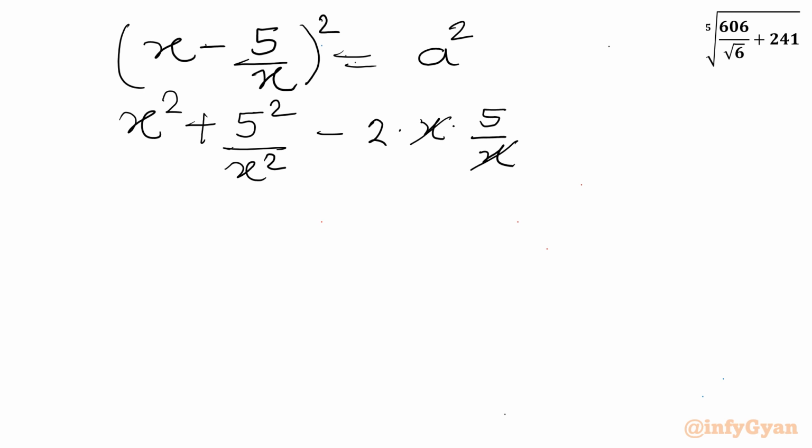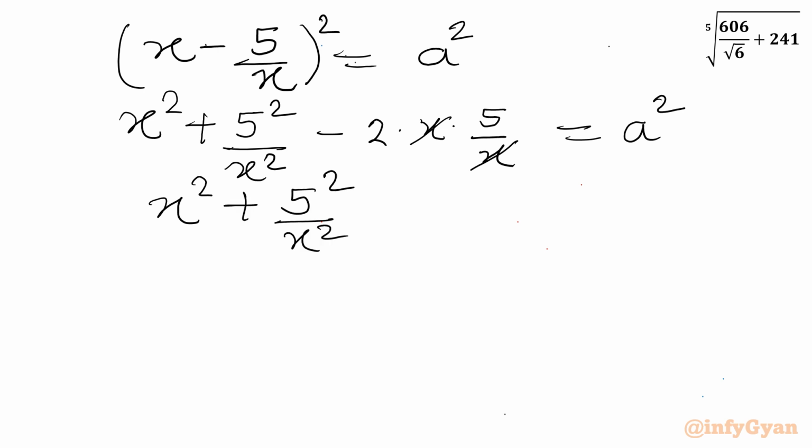So this will be equal to a square. I can write x square plus 5 square over x square. This will be equal to a square plus 10. Let us call this equation 3.